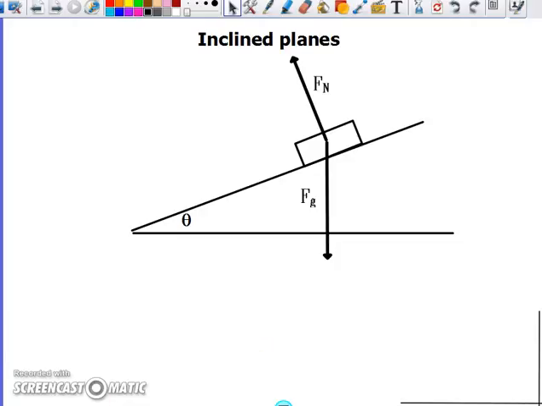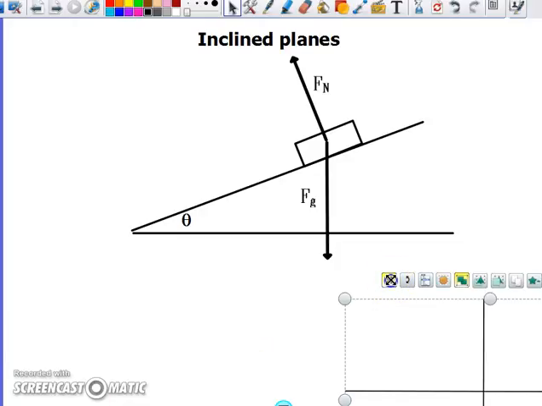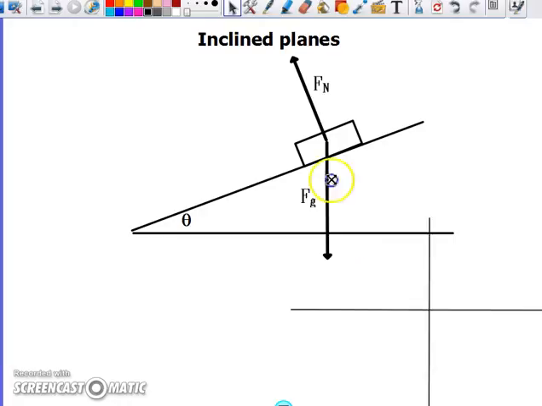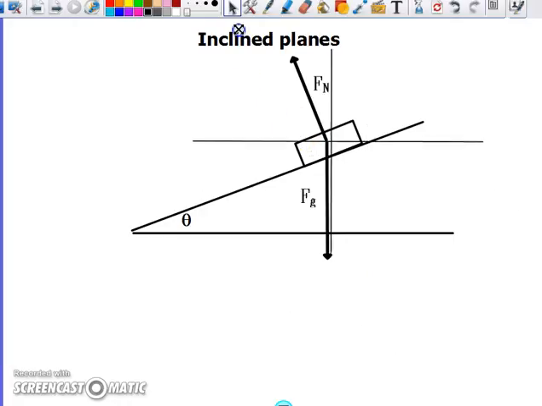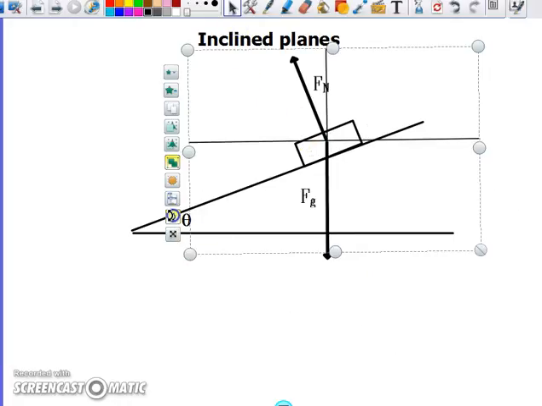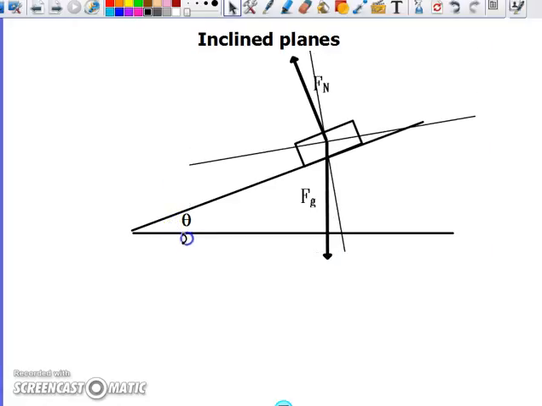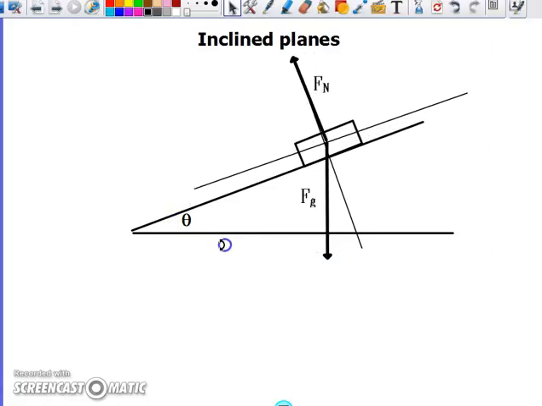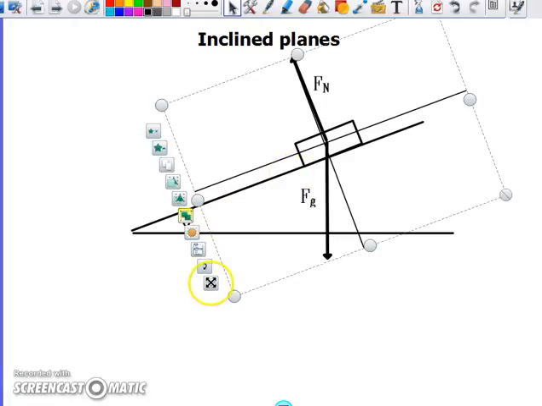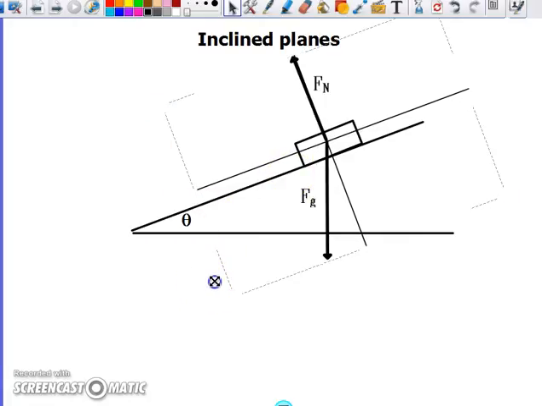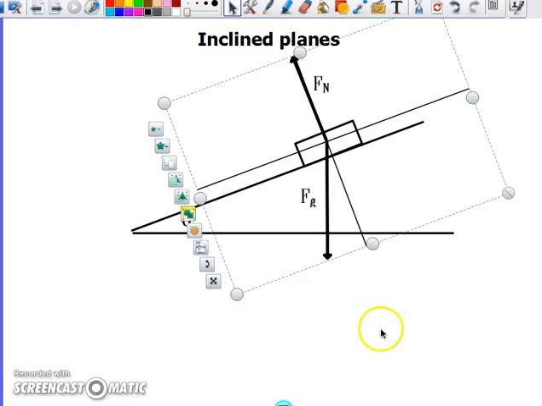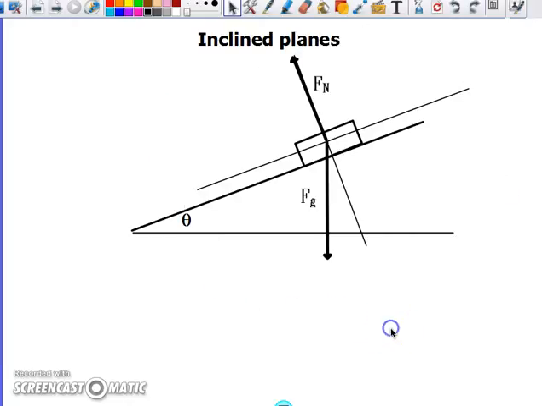Now our coordinate systems are usually vertical and horizontal, like so, but this is so much easier if we rotate our coordinate system so that the x-axis is parallel to the incline and the y-axis is perpendicular to the incline.